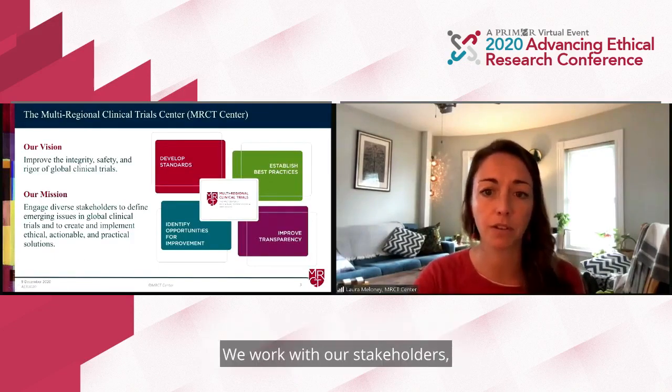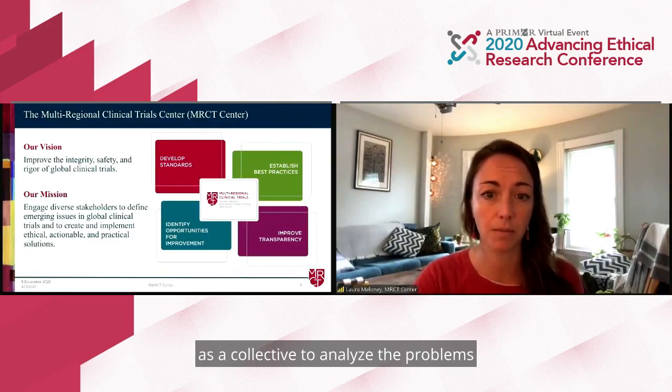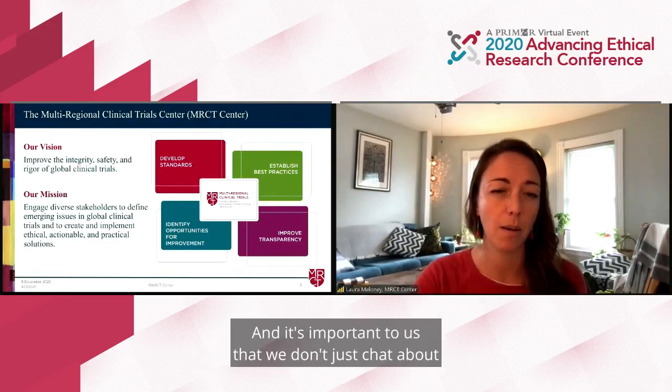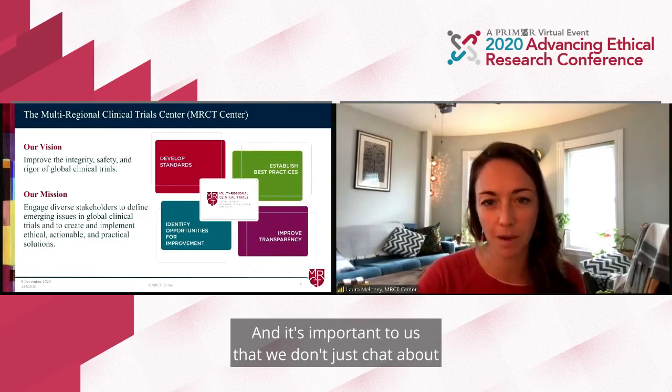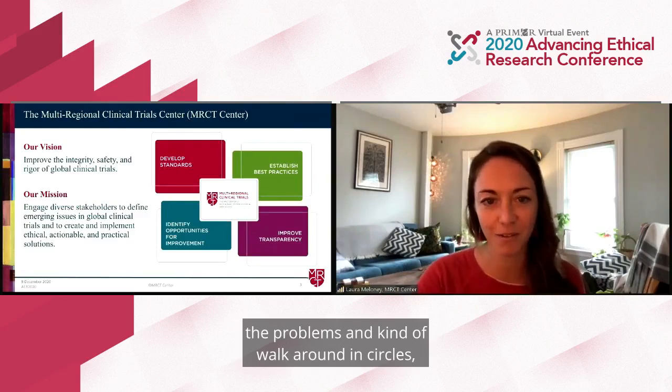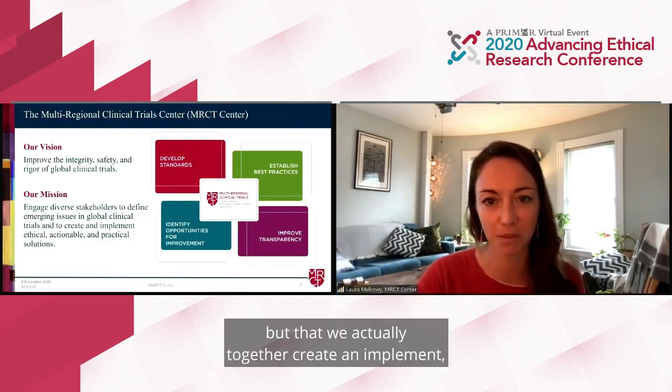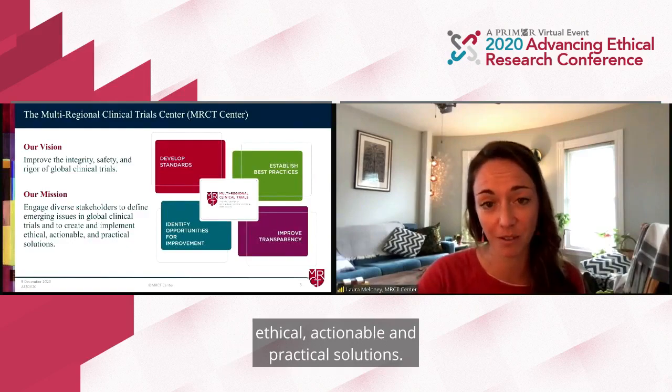We work with our stakeholders as a collective to analyze the problems and propose solutions. And it's important to us that we don't just chat about the problems and kind of walk around in circles, but that we actually together create and implement ethical, actionable, and practical solutions.